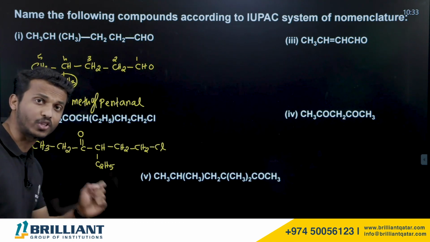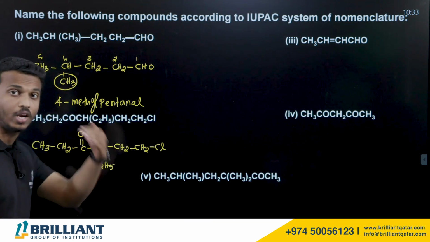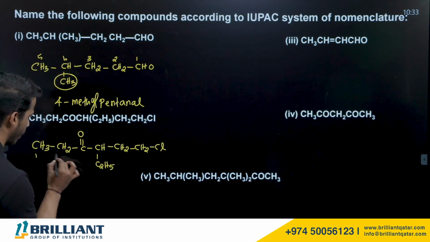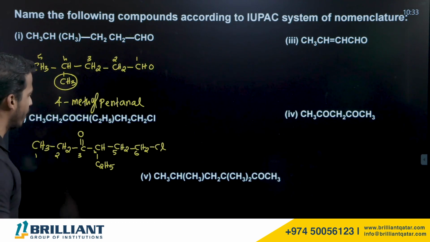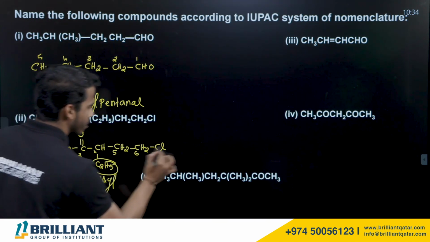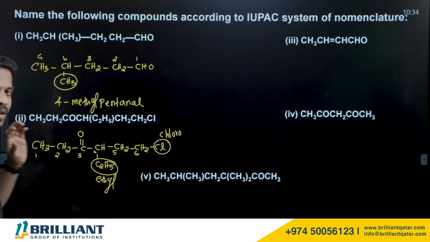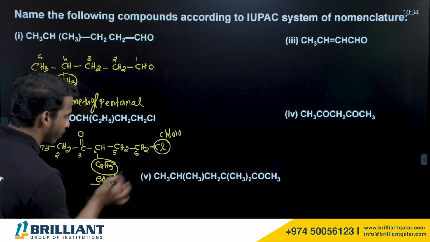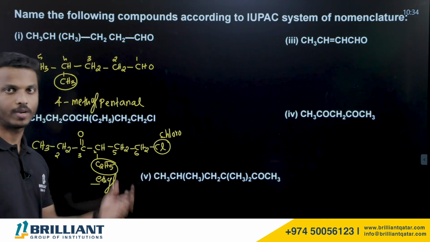Which is the major functional group in this compound? Ketone is the major functional group, so ketone should get the lowest number. So number 1, 2, 3, 4, 5, 6. At the fourth position you have an ethyl branch, and at the sixth position we have a chloro group. In alphabetical order, if two different branches come, one starting with E and one starting with C, C is first.